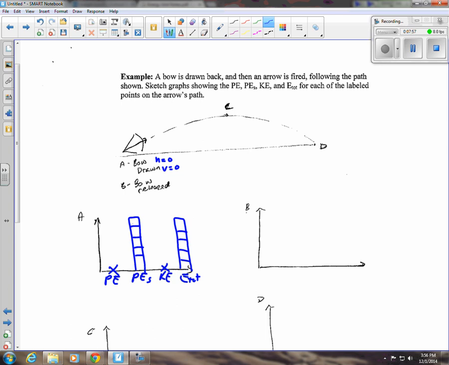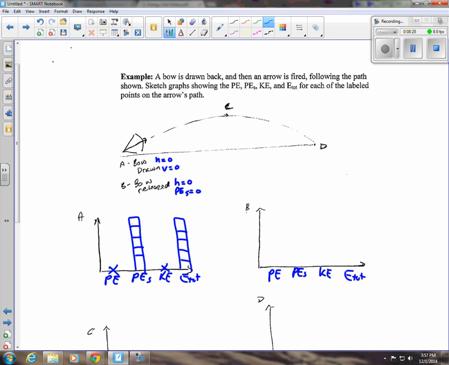All right. Now, at point B, we just let go of the string, and at that moment, the arrow is flying out of the string. So now what type of energy is it? Well, it still hasn't gone up in the air yet, so the height is 0. There's no more spring energy because the bow has been released, so the PES is going to be 0. So we'll make our little chart. We've got PE, PES, KE, and total.